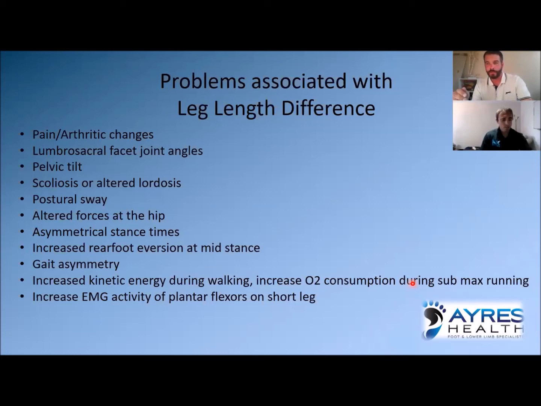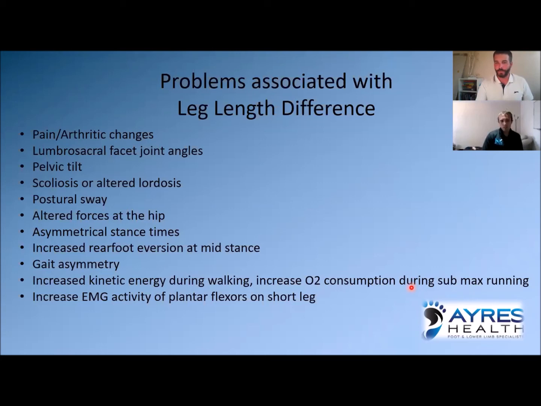They build up one shoe in the study, so they get people with equal limbs, then they put them in a shoe with a heel raise or a built-up sole to artificially make a limb length difference, and then they measure their oxygen consumption with the special shoe on and without the special shoe on, and compare the difference. Well, of course, somebody that's not used to running with a limb length difference is probably going to have an increased oxygen consumption.